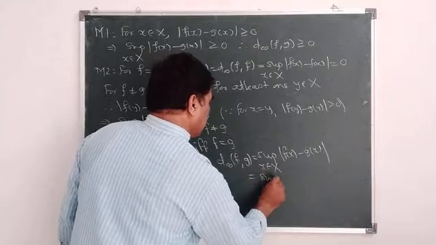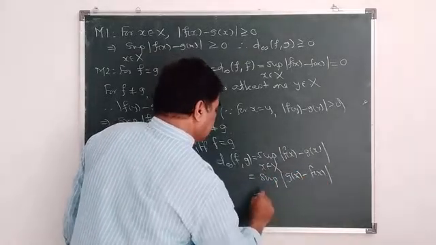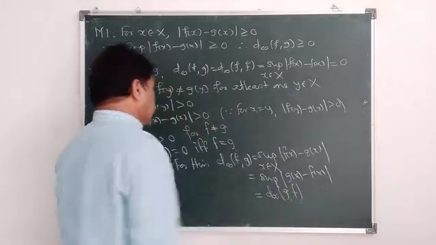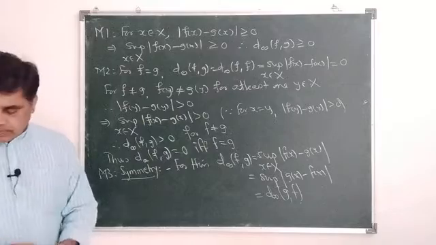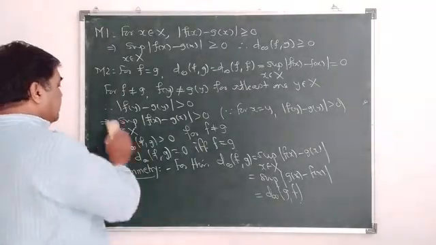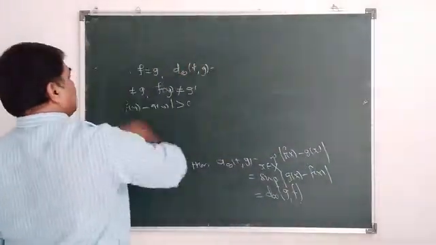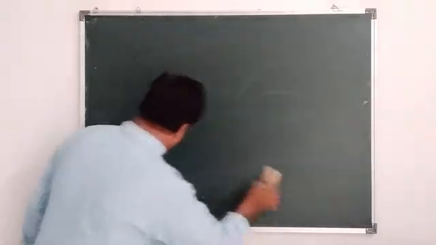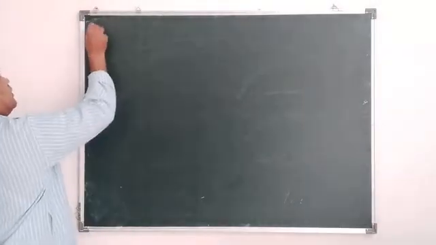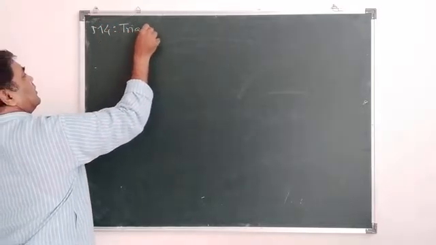So this is the supremum of mod g(x) minus f(x). Then it is nothing but d infinity of (g, f). The symmetry axiom holds. Now we'll prove the triangle inequality parallel to what we have done for the L infinity metric space. M4, triangle inequality.